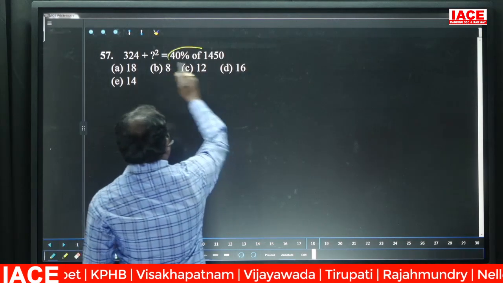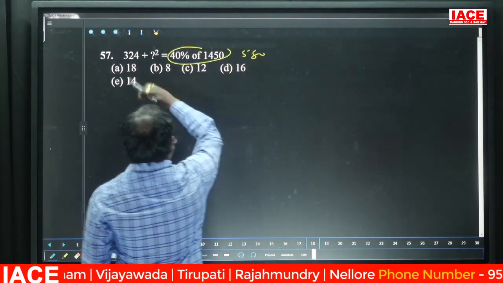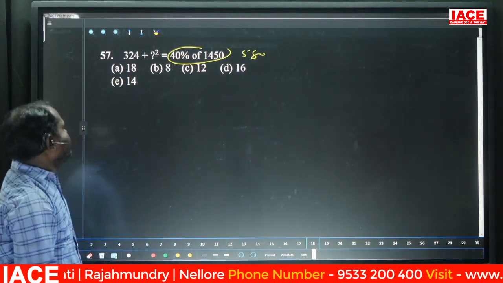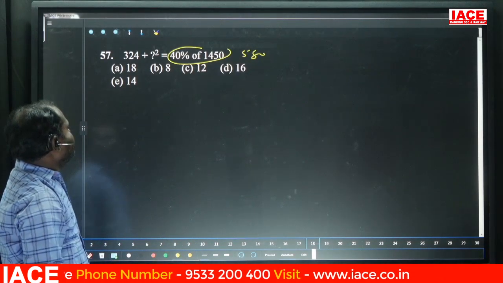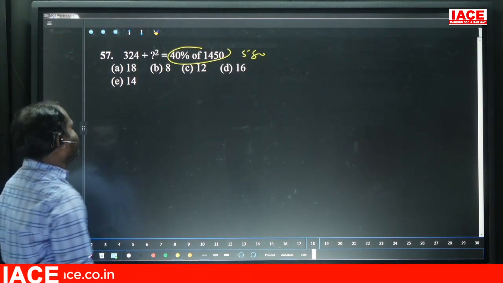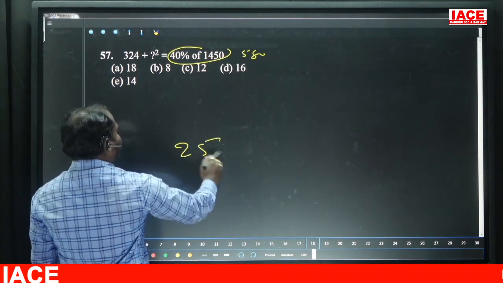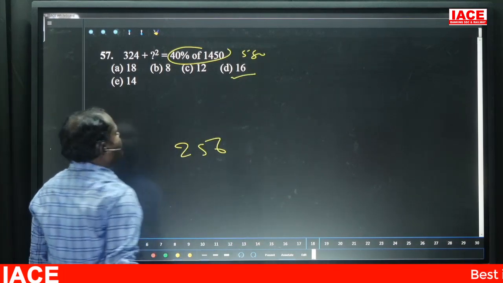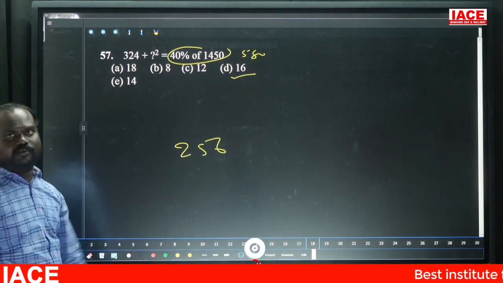It is 580. 580 minus 324 is 4 and 180, 180 plus 76 is 256. 256 is nothing but 16 square, because the question mark we are asking.